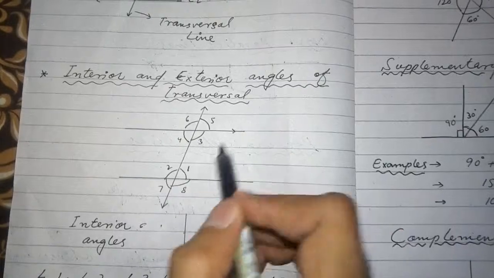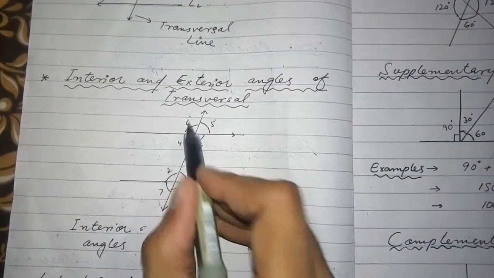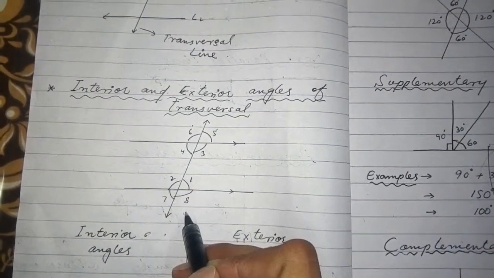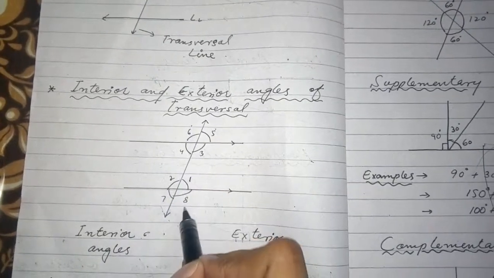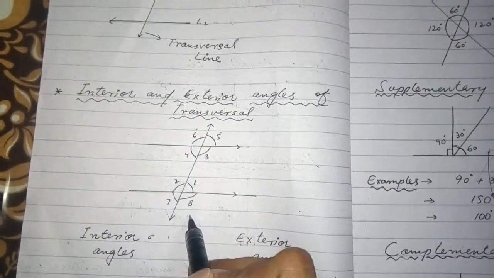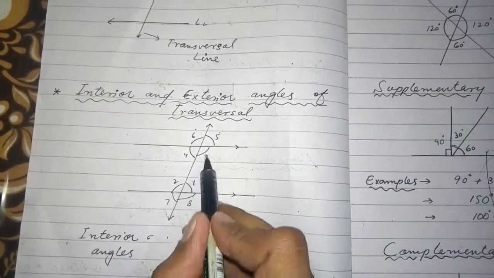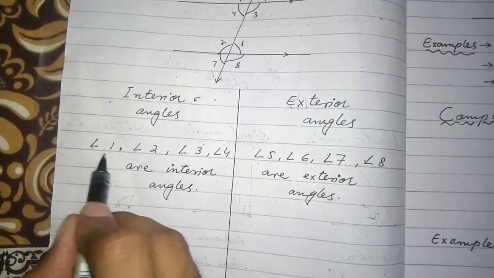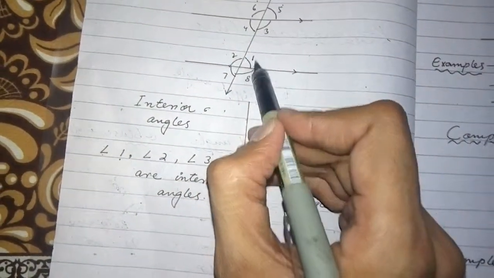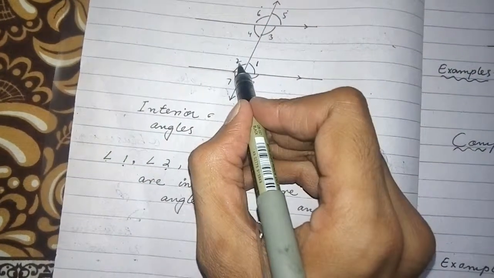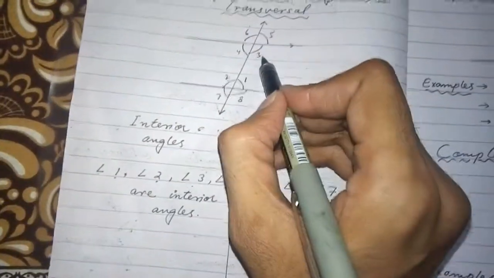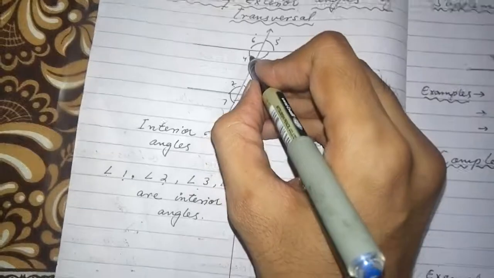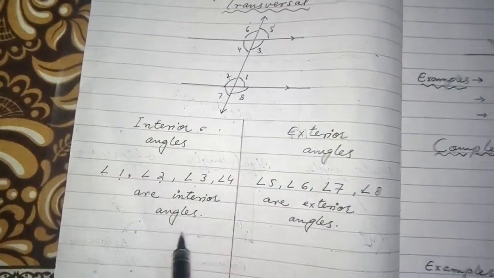How many outside are there? 5, 6, 7, 8. These four angles are exterior angles, and these four interior angles are there. So let's talk about interior angles. Angle 1, which is inside. Angle 2, here. Angle 3, this angle. Angle 4, this angle are interior angles.